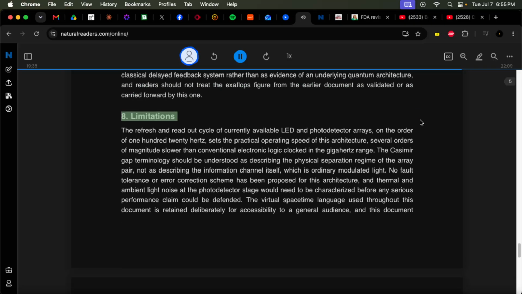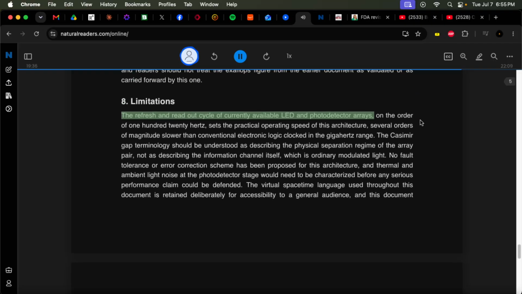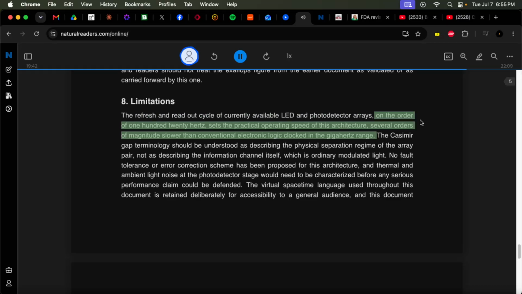8. Limitations. The refresh and readout cycle of currently available LED and photodetector arrays, on the order of 120 Hz, sets the practical operating speed of this architecture, several orders of magnitude slower than conventional electronic logic clocked in the gigahertz range.